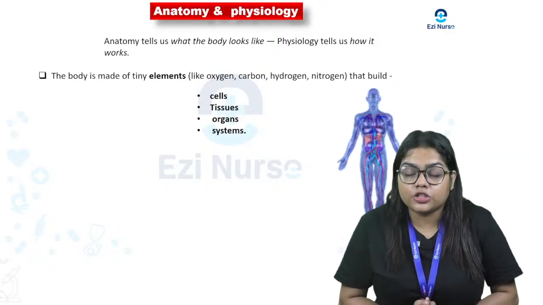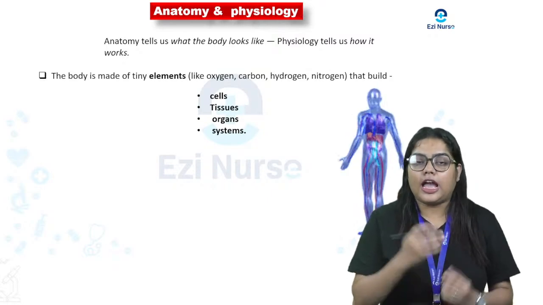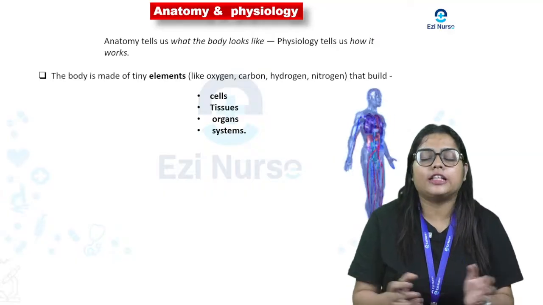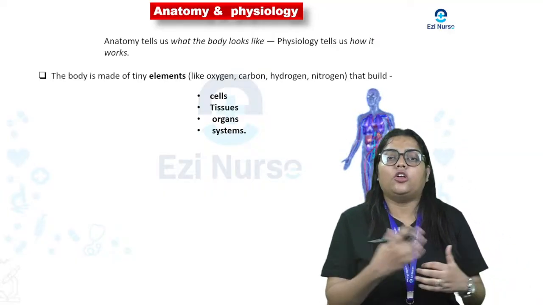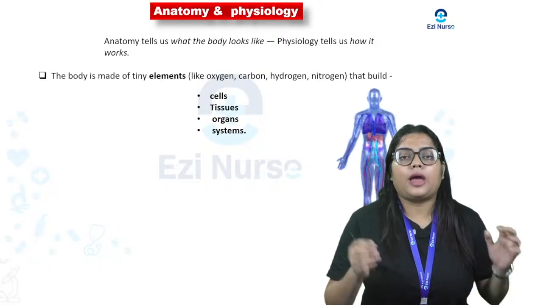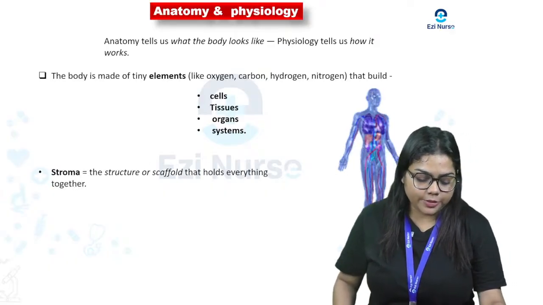Cells are the smallest unit of the body, and cells form tissues, tissues form organs, and with all the organs and other parts of the body, our body builds one system, and all the systems together are called the human body.